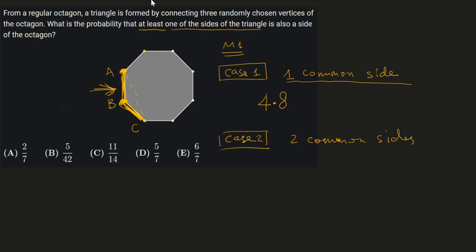Good. But what if these 2 common sides are not adjacent? They are separate. What if one is here and one is here? Then immediately we will realize that these 2 common sides determine 4 distinct vertices: 1, 2, 3, 4.